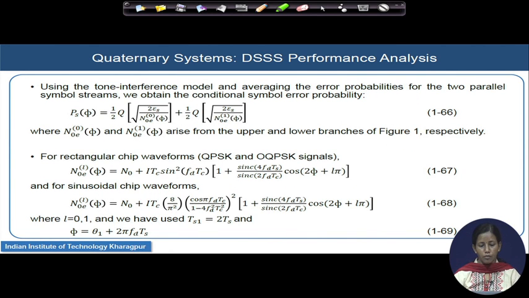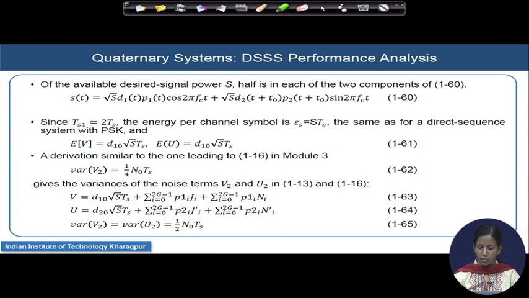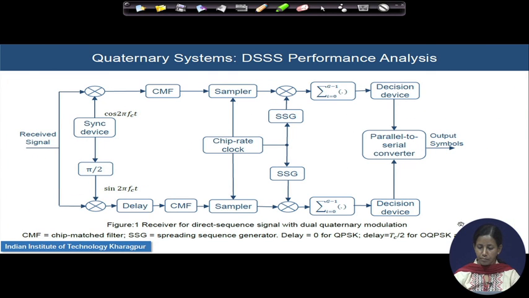Now, using the tone interference model that we have done in the last 3 modules, we can calculate the error probability of the two parallel symbol streams, as we understand the total probability at the output of this decision device, the output of the parallel to serial converter.